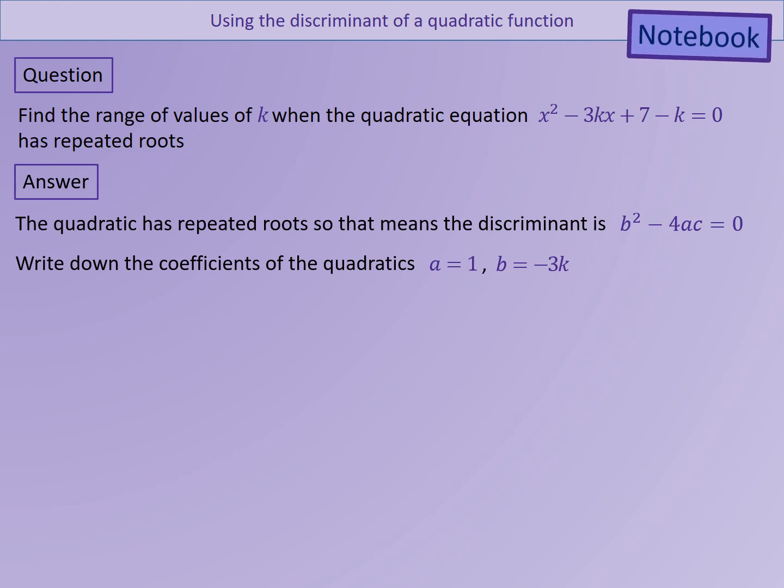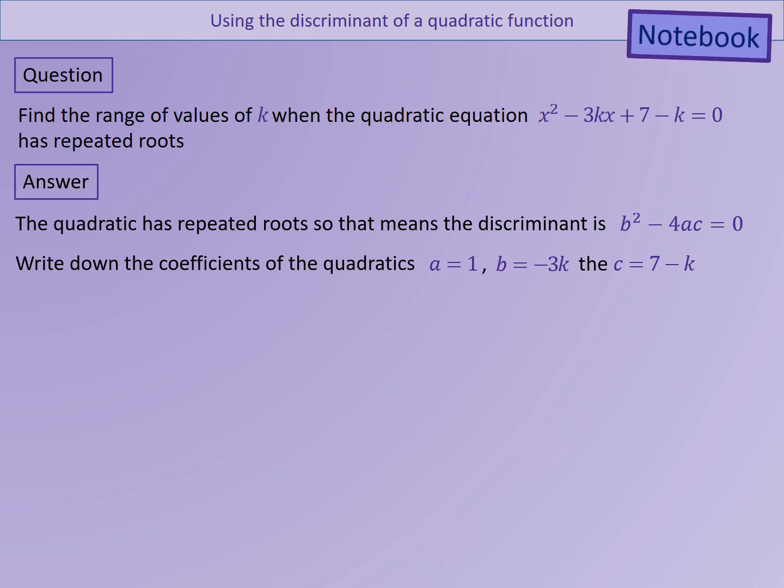Don't forget that k represents a number, it's not a variable, it's not like x. So it's minus 3k that is the value before the x. And the number on its own, that's the c value, well that's 7 minus k. It's the number at the end of the quadratic that is not attached to any x's at all.